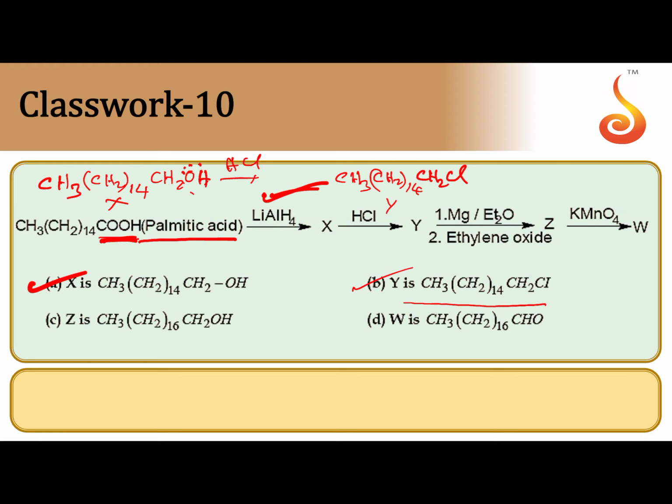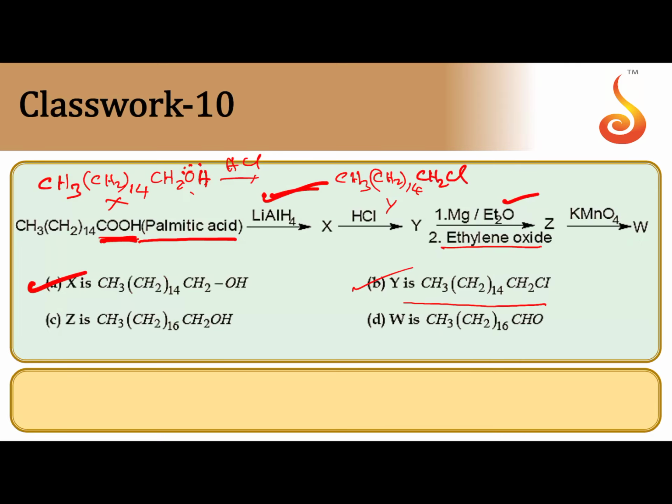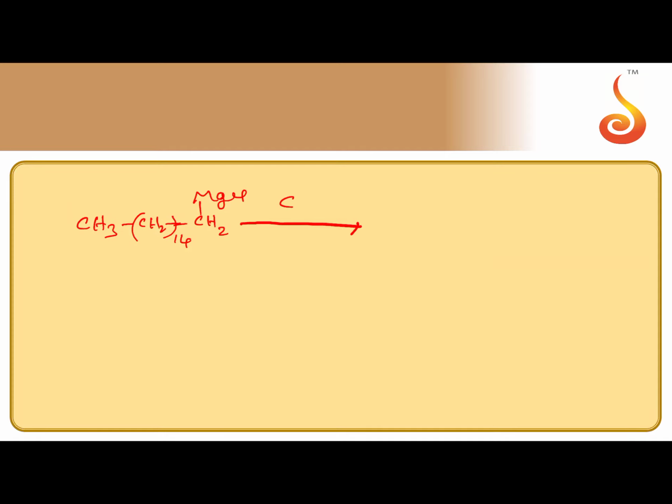Next, it is reacted with magnesium in the presence of diethyl ether followed by ethylene oxide. With diethyl ether, it becomes Grignard's reagent. CH3(CH2)14CH2MgCl. That is Grignard's reagent. After the formation of Grignard's reagent, it is reacted with ethylene oxide, oxirane.